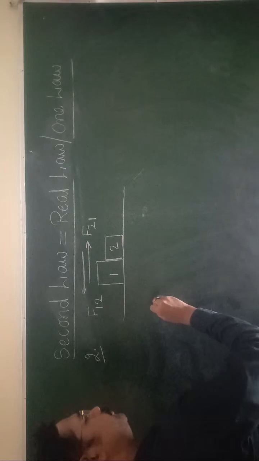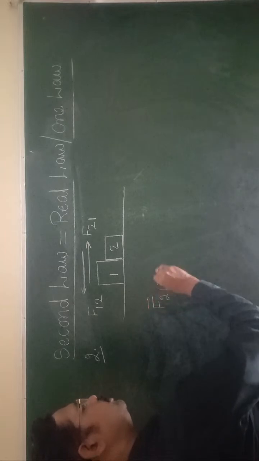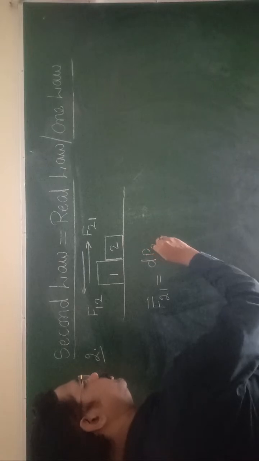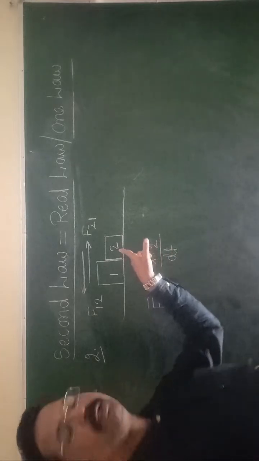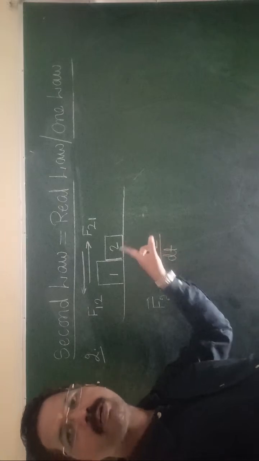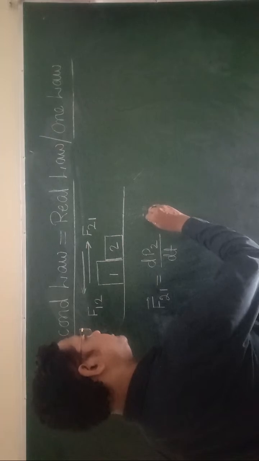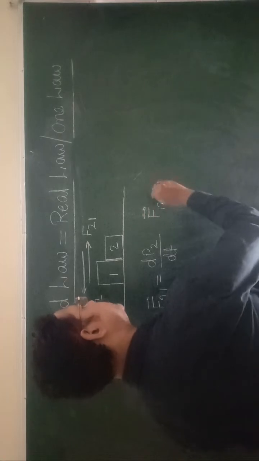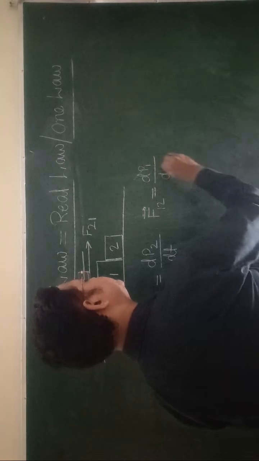So I write here: force on two by one is equal to dp2 upon dt. If force is applied on the second body, the momentum of the second body changes. Again, force on 1 by 2 is equal to dp1 upon dt.